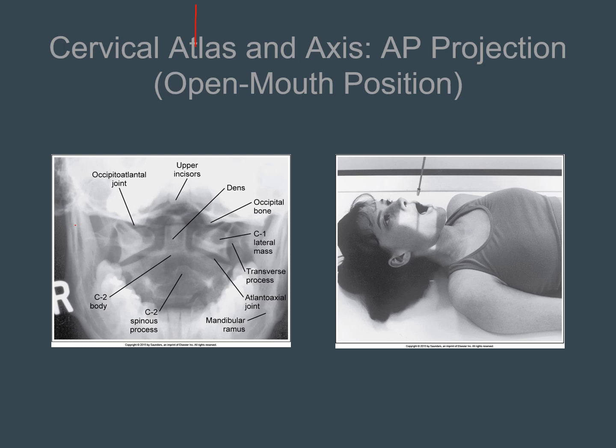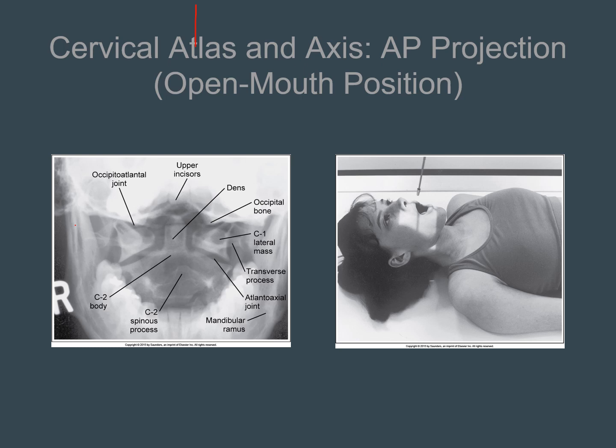Radiographic image analysis guidelines for C1, C2, the open mouth projection, state that the atlas should be demonstrated symmetrically seated on the axis with the atlas's lateral masses at equal distances from the dens. The spinous process of the axis is aligned with the midline of the axis's body.